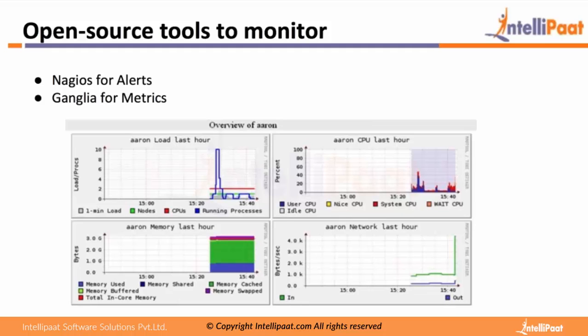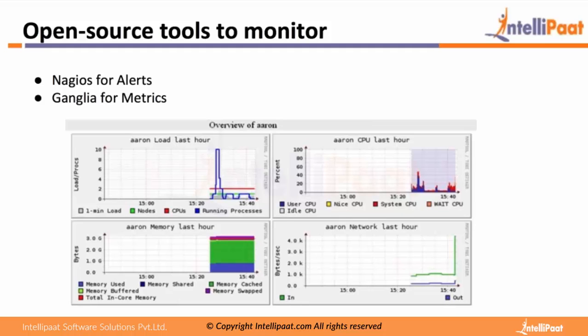So the second one is, if I want to understand the usage pattern of my CPU, my network, or my disk load, all these things, like how much memory I am using. One thing you can do is go onto every node in your cluster and use tools like Top.